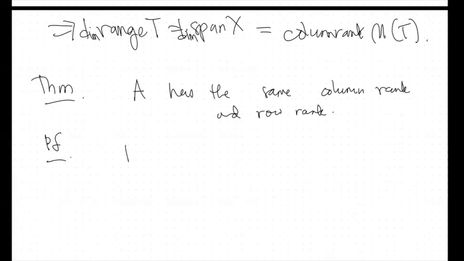Let us consider a linear map from F^n to F^m. Here, T gets an element X and then maps it to A times X.